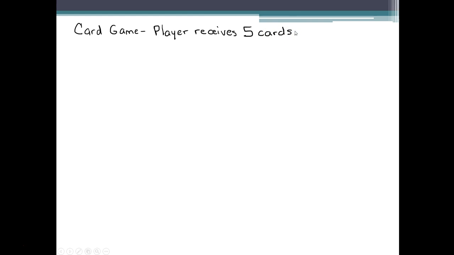In this situation, it's a standard deck of cards, 52 card deck. So they're dealing out cards. A player receives 5 cards. How many different ways can 3 kings and 2 queens be dealt?